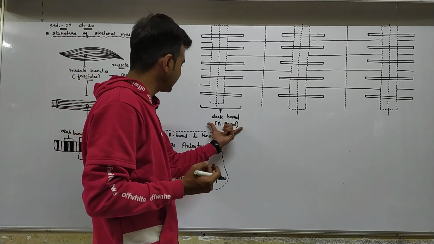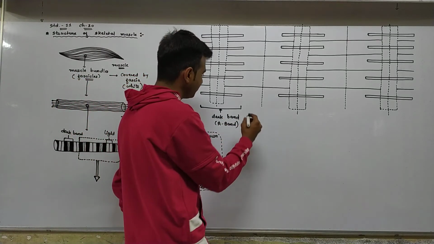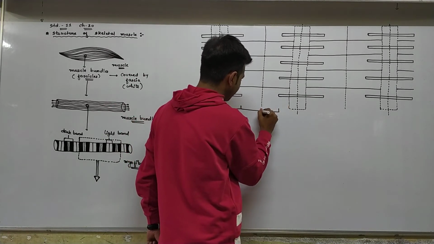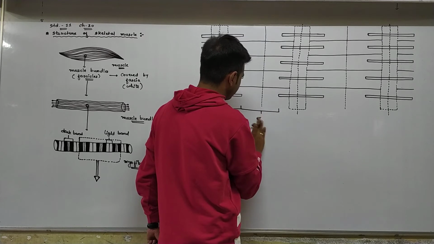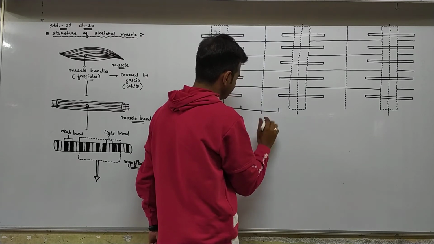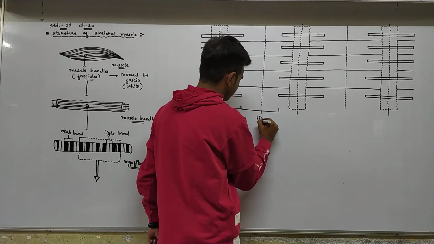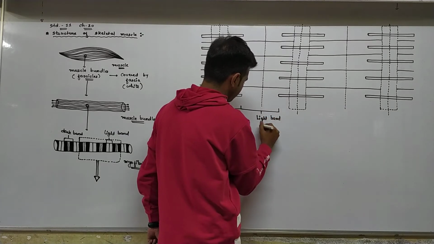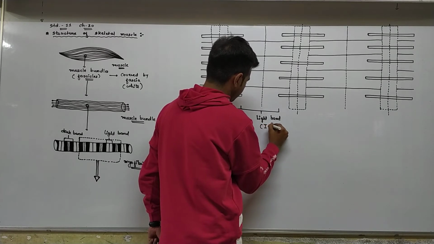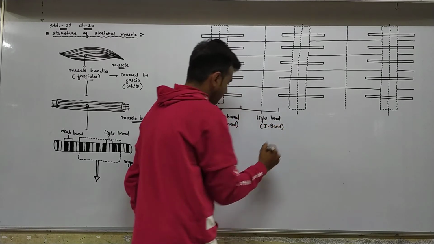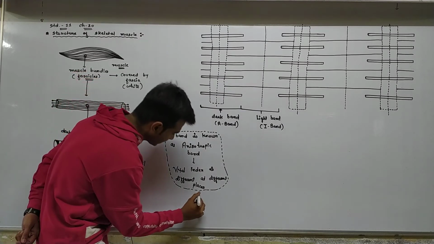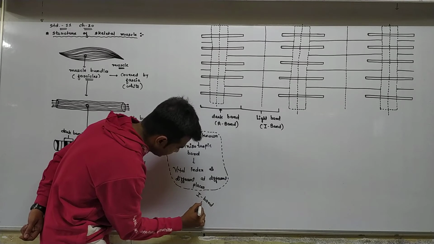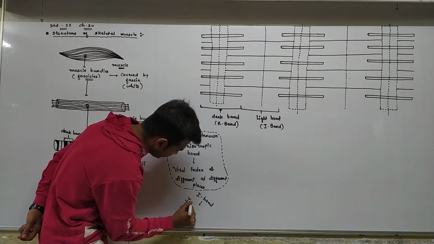But after the A band, the light band is known as the I band. So you know that the I band is known as the isotropic band.